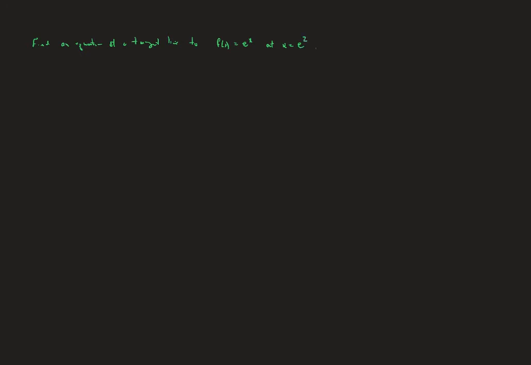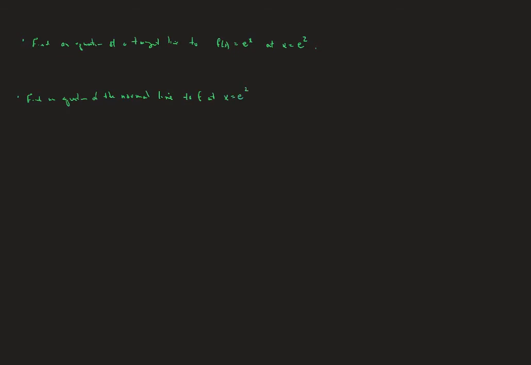And then we're also going to find what's called the equation of the normal line. So find an equation of the normal line also to f, also at x equals e squared.